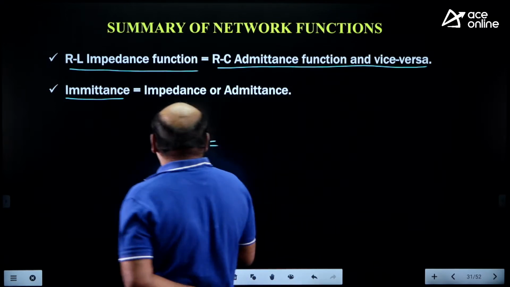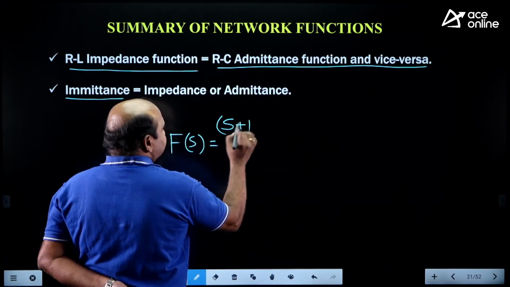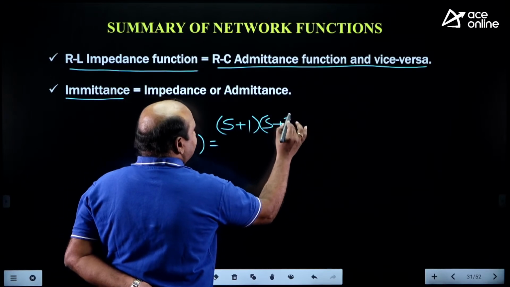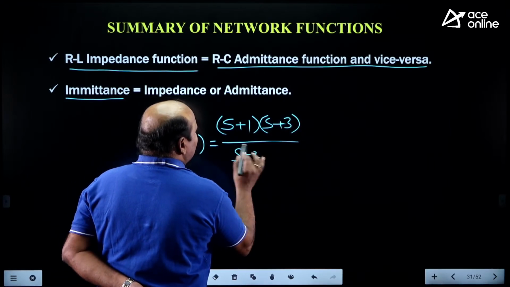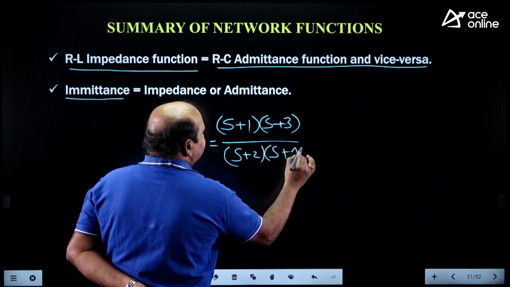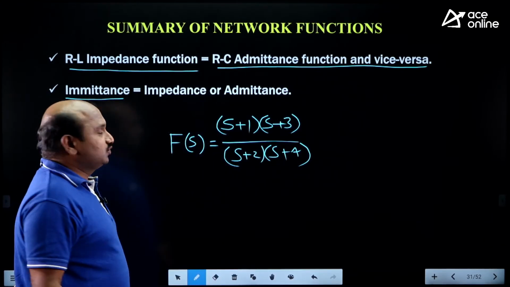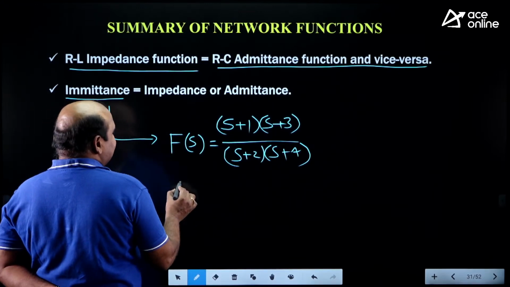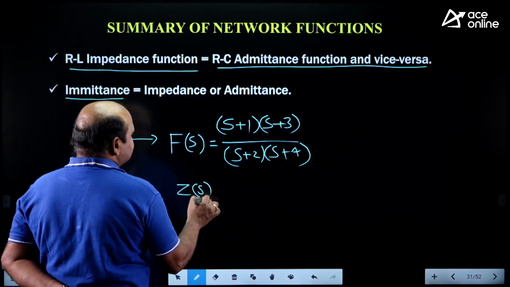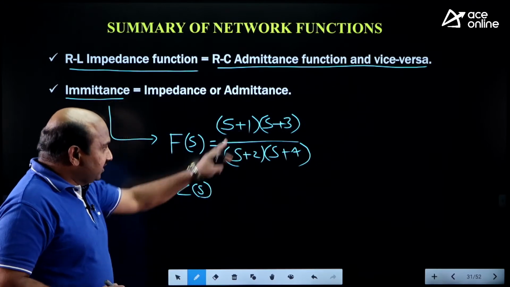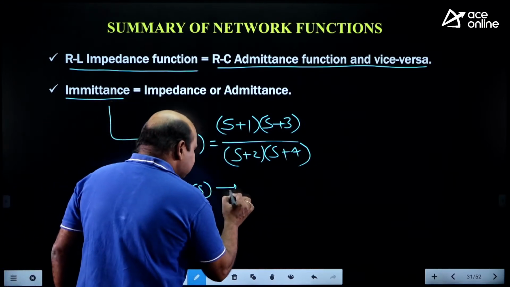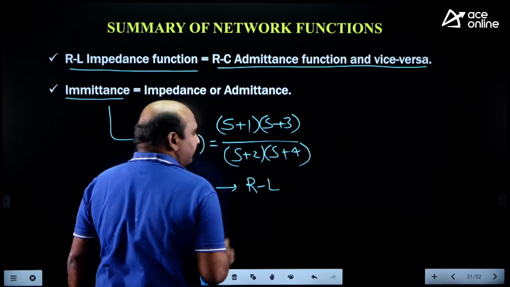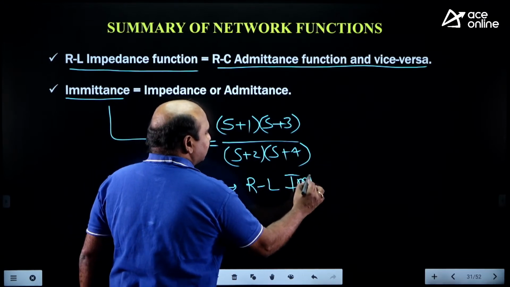While giving the immittance, they will provide the function F of s. Suppose the given F of s is equal to (s plus 1)(s plus 3) by (s plus 2)(s plus 4), then what we need to do? We should consider this as impedance. Suppose we take the impedance function Z of s, the zero is nearer to the origin, so Z of s is an RL impedance function.